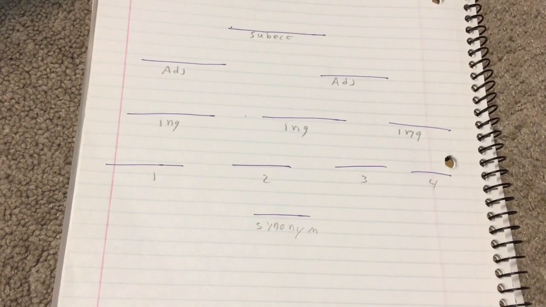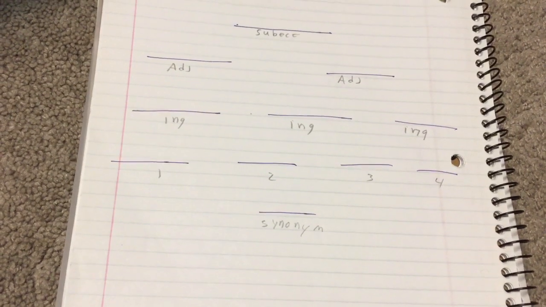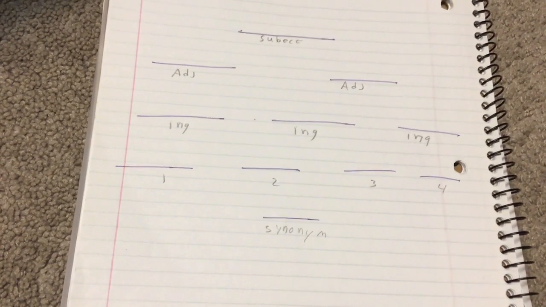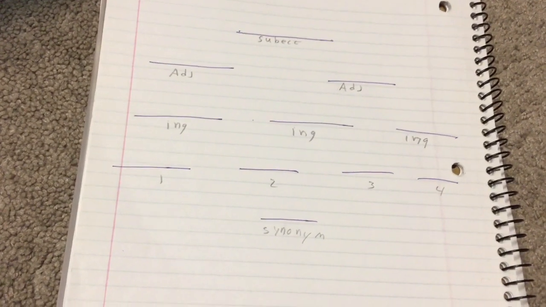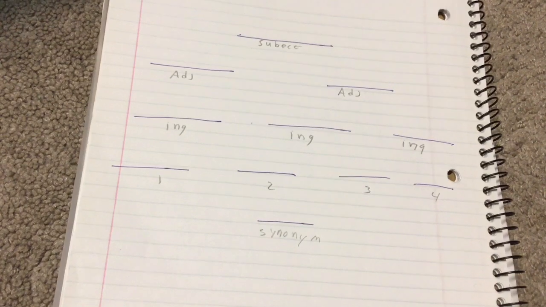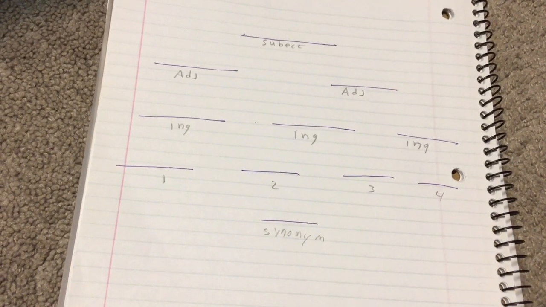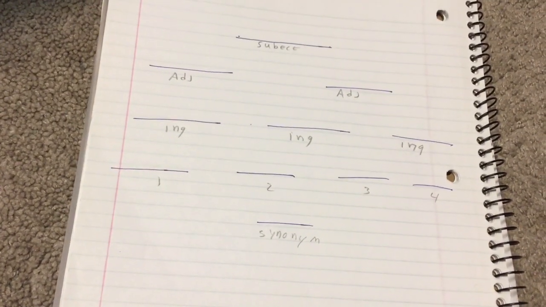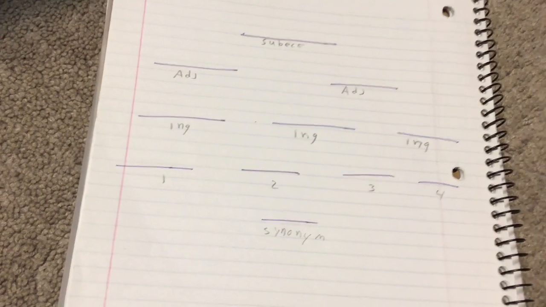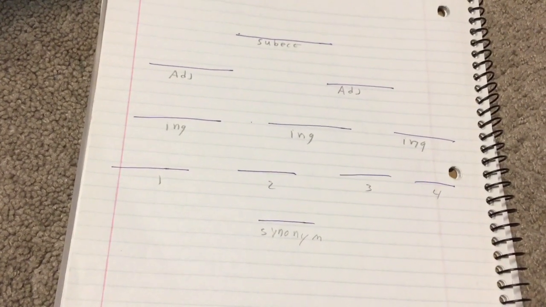Then my next 3 words all have to end in ING. And then my fourth line, I just wrote the numbers 1, 2, 3, 4 to show you that you have 4 words there to write, again, about the subject. And then synonym is another way of saying the subject again without repeating it.